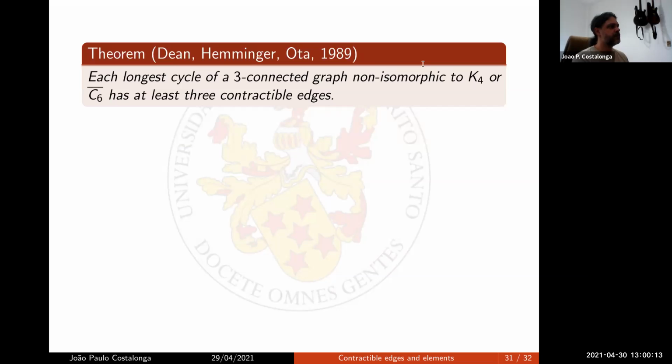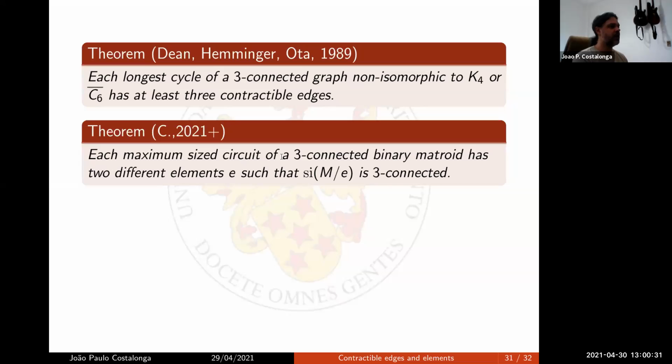One thing about distribution is that each longest cycle of a 3-connected graph, non-isomorphic to K4 or the complement of the 6-vertex cycle, has at least 3 contractible edges in the biggest cycle. This does not hold for matroids, but it holds for binary matroids with 2 different elements, not 3.